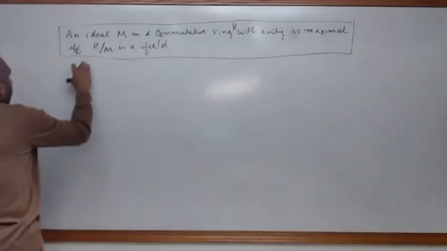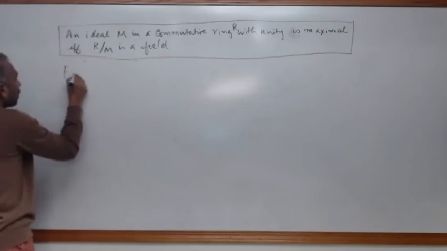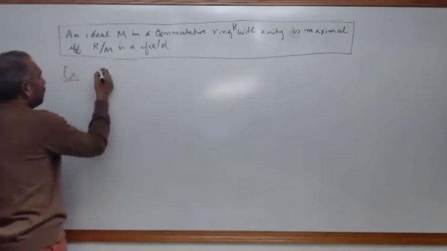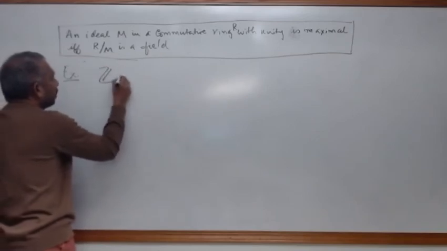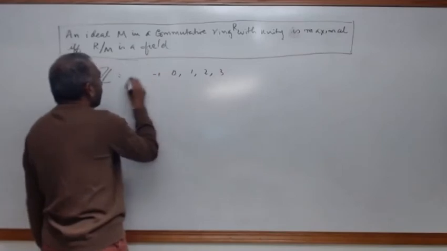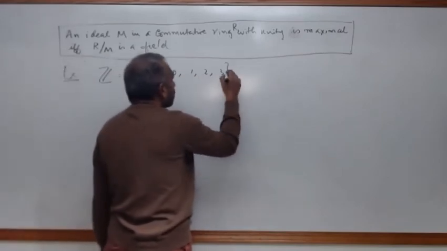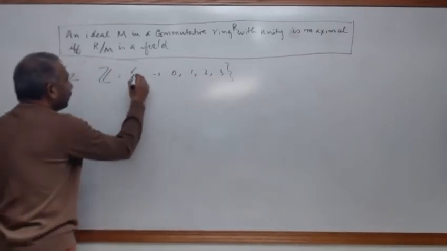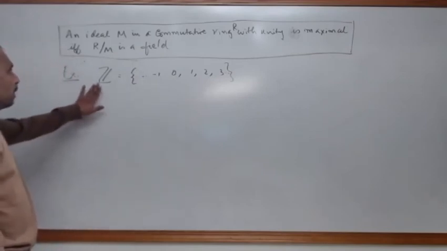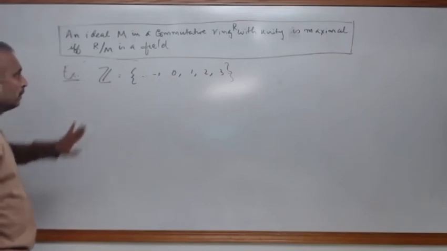I will take a couple of examples. As usual, we take Z: 1, 2, 3, minus 1. There are several ideals for this ring.